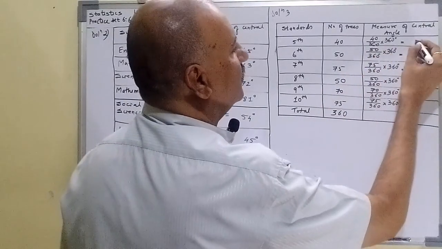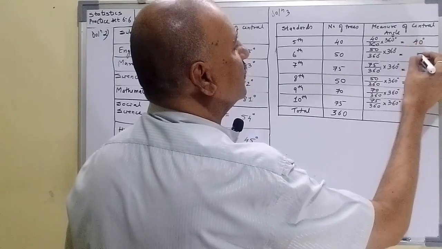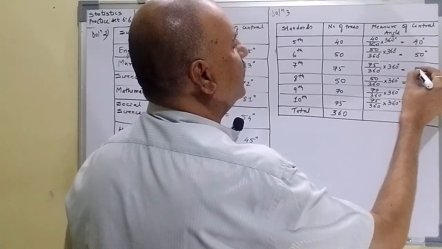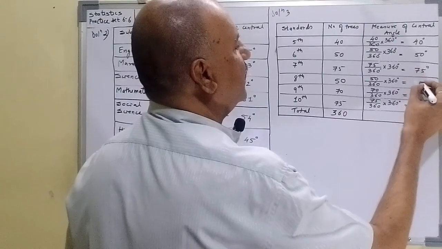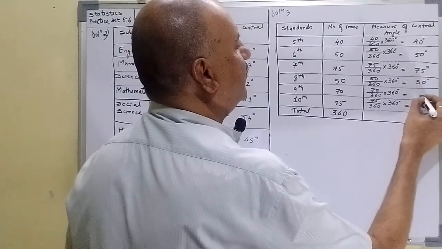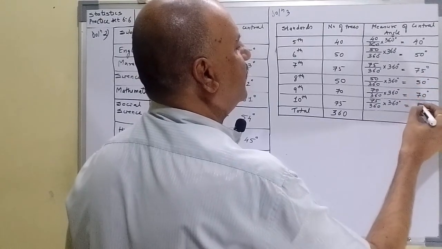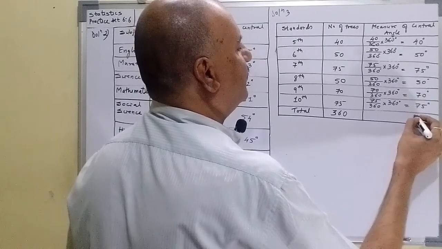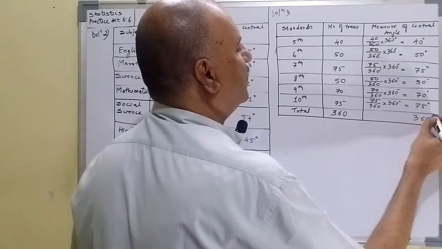So this is 40 degrees, 50 degrees, 75 degrees, 50 degrees, 70 degrees, 75 degrees, total 360 degrees.